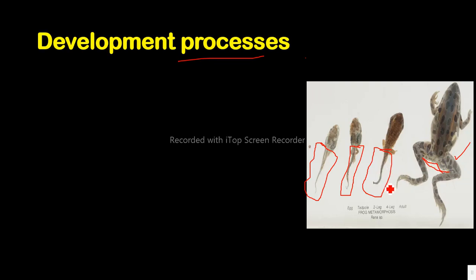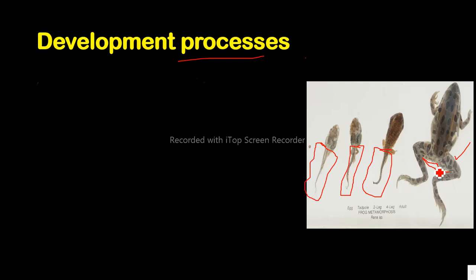But when it's young, remember it is jumping and swimming a lot, so it needs the tail to maintain balance. But when it grows, the tail loses value. So it becomes a vestigial structure, and it is going to be lost in the process of development.